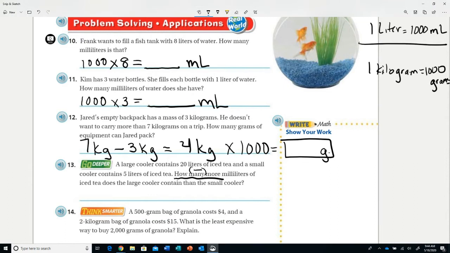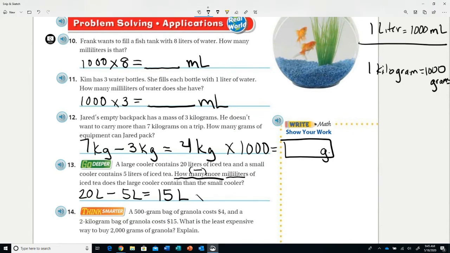All right. So first off, we have 20 liters minus the 5 liters. And this is going to tell us our large cooler contains 15 more liters than the small cooler does. But I'm not done yet because I need to know this in milliliters.